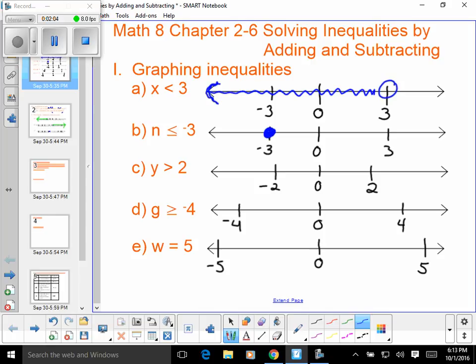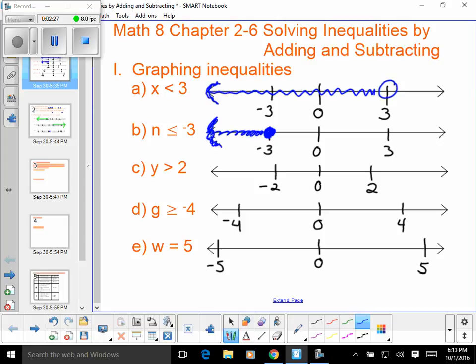The second question I always ask myself, do I want to go to the left or do I want to go to the right? I want everything that is less than negative 3. If I would go to my right, I'm going to go to 0. Well, 0 is greater than negative 3, so I'm going to go to my left, because that would encompass numbers like negative 4, negative 5, etc.